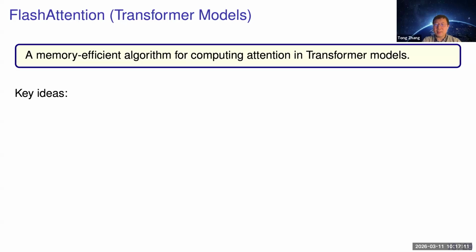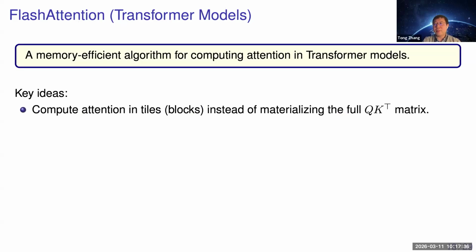The high-level idea is that the attention computation in the traditional way is memory costly and causes trouble. Think about attention: it's actually matrix multiplication simultaneously across all the tokens. That is costly. The key idea is pretty simple. Instead of computing attention as a whole, you compute in blocks, which is not surprising.